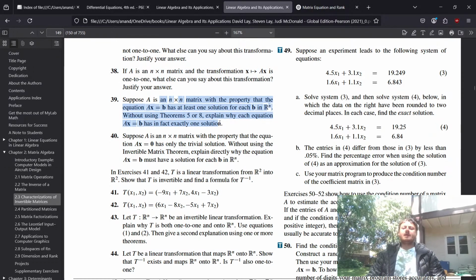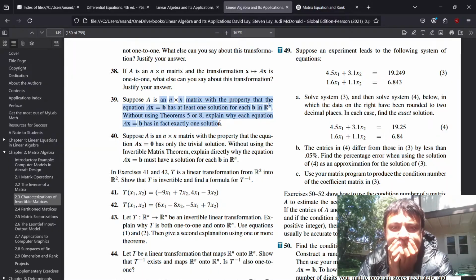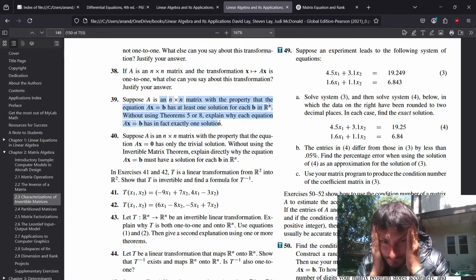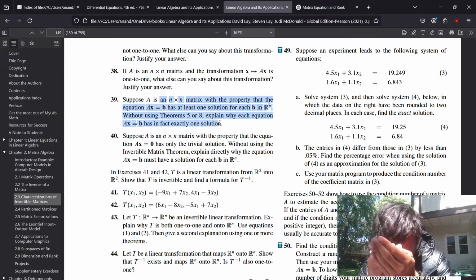If it's square and one-to-one, then it's invertible and you get everything. If A is n by n, what am I trying to say?